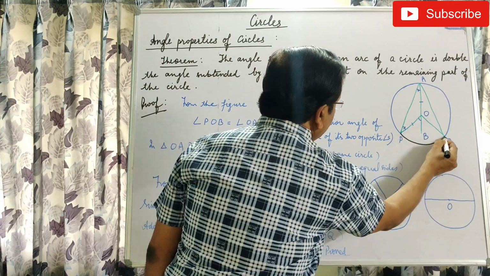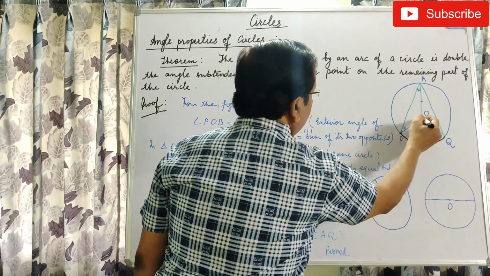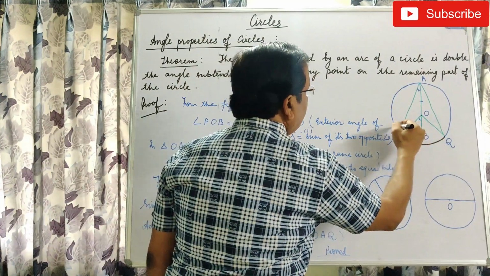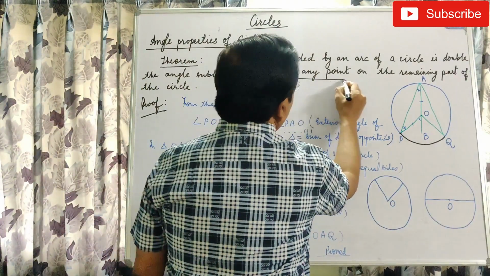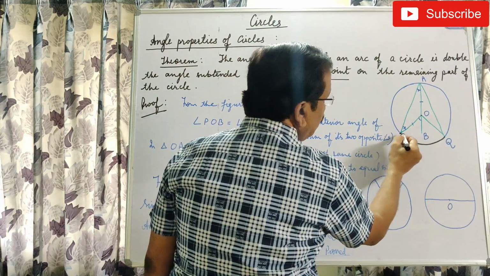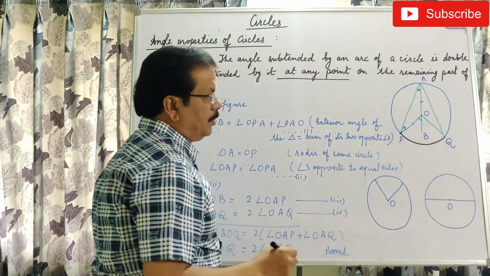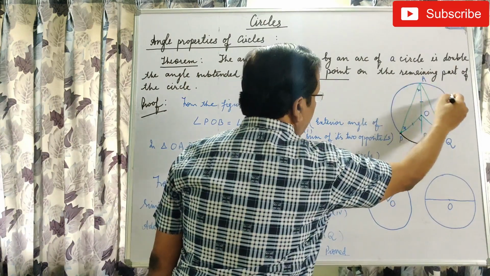We already discussed the arc in the last video, and the angle subtended by it at center O doubles at any other point. See, any other point means that the point will not be taken from P to Q. Okay, that point will be on this arc PAQ.